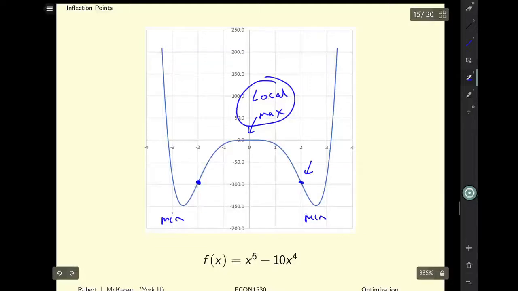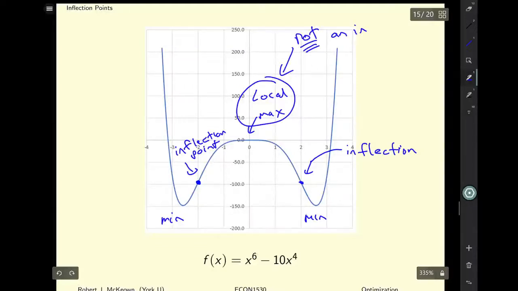Here are our inflection points. Another inflection point, and not an inflection point.